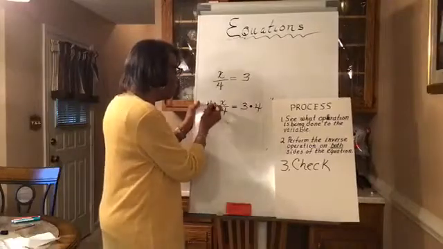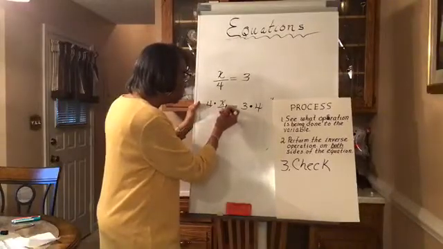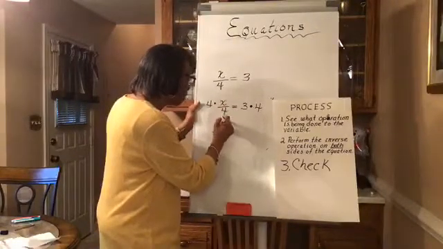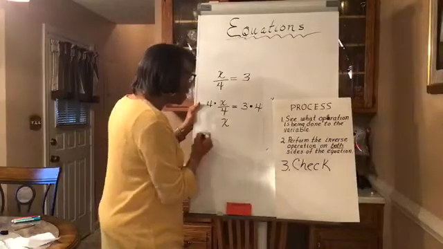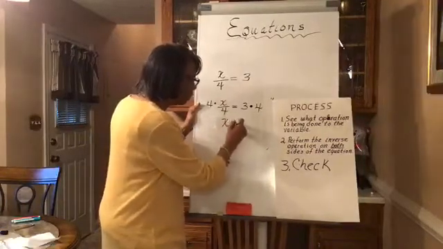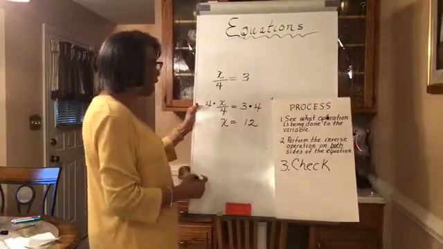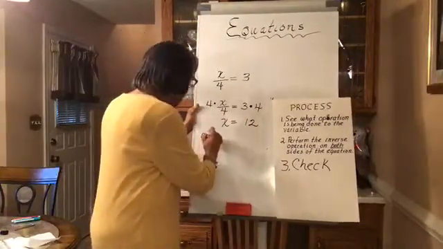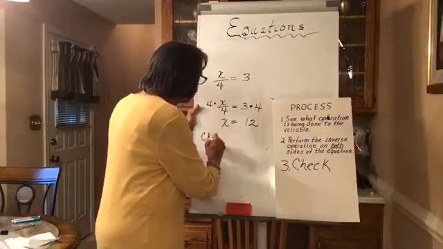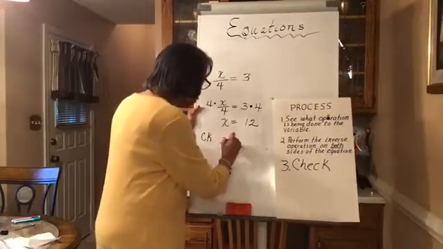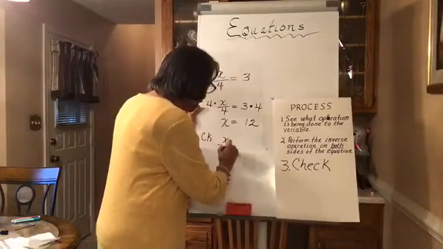So I know when I multiply x by a number and divide it by that same number, the answer is x. And 3 times 4 is 12. All right, so let's check. Okay, x divided by 4. We say x over 4.